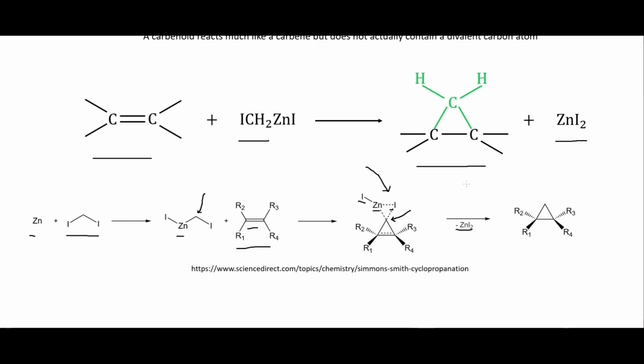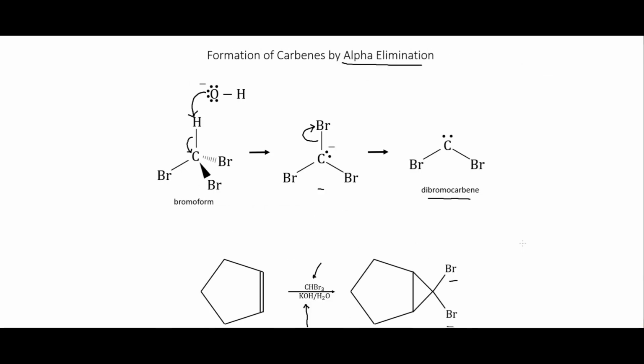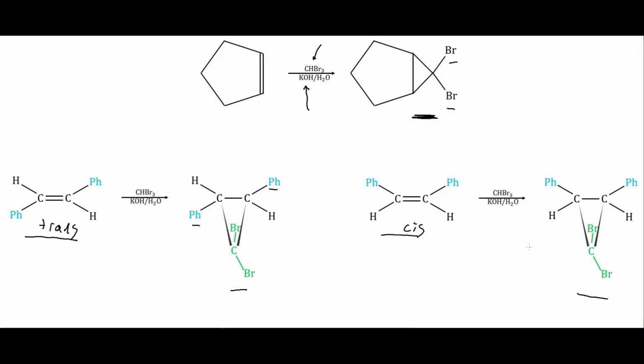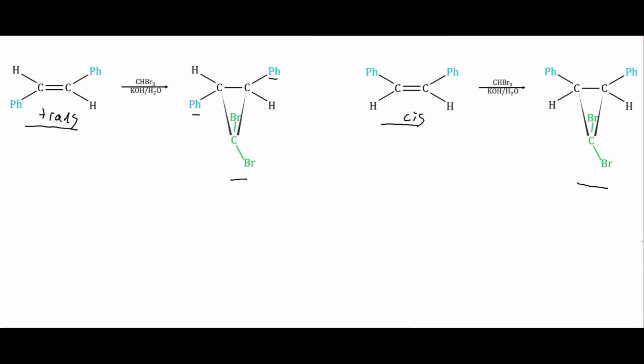So we can get our cyclopropanation from that. And we can also do it from the alpha elimination on something like bromoform here, so that we get our cyclopropanation like this with the two bromines coming off of it. And that will conserve the stereochemistry that we had on our alkene.